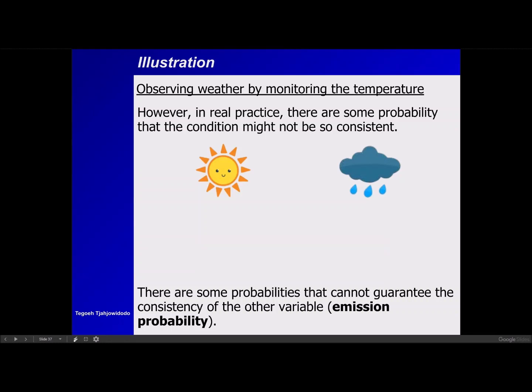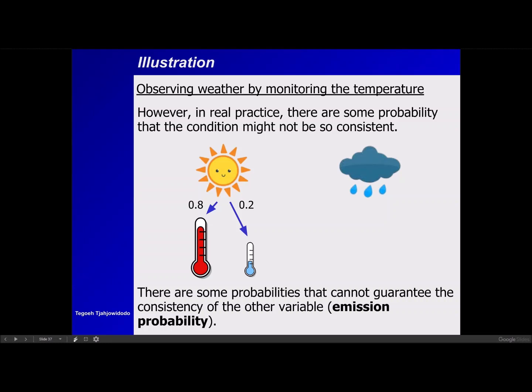So for instance, when the weather is sunny, I cannot say 100% the temperature will be warm. Instead, I would rather say that when the weather is sunny, there is an 80% chance that the temperature will be warm and another 20% chance that the temperature will be cold.